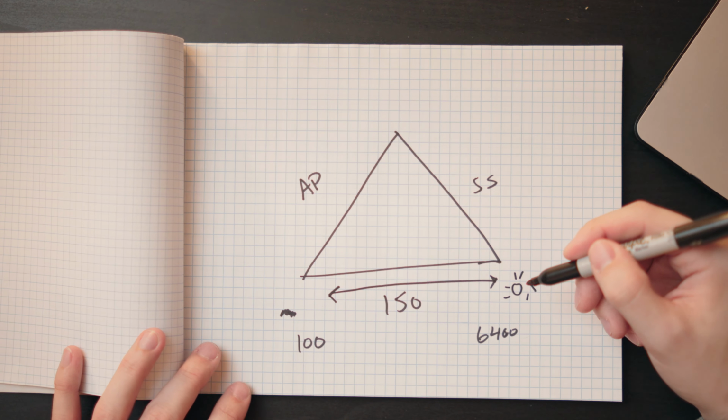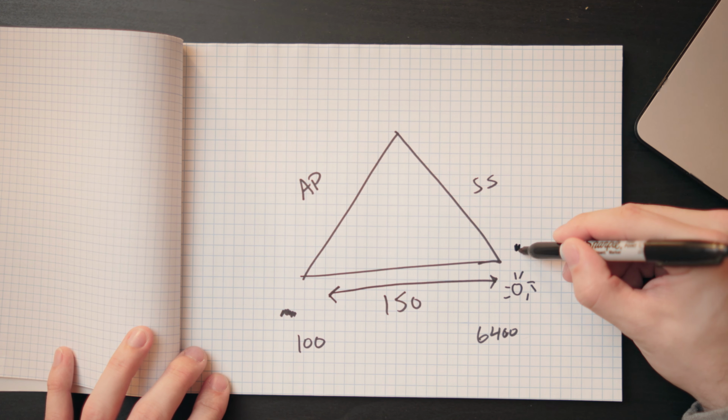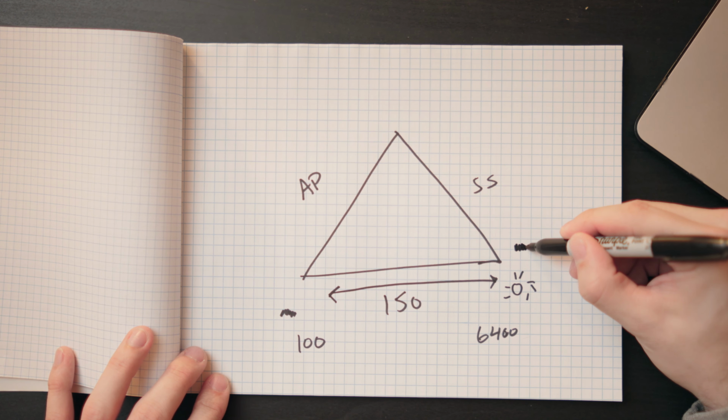For our shutter speed, let's put our darker exposure down this end, let's say 1/8,000th of a second, which would be a very fast shutter speed. That wouldn't bring in much light.